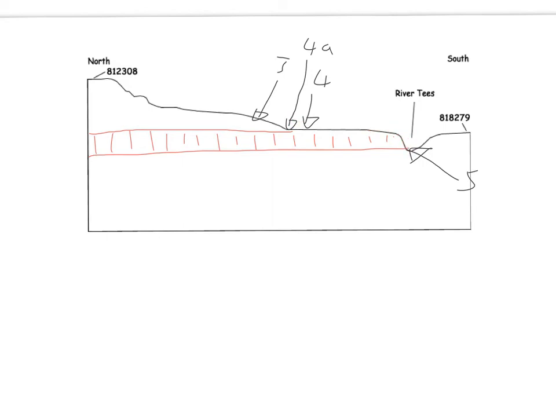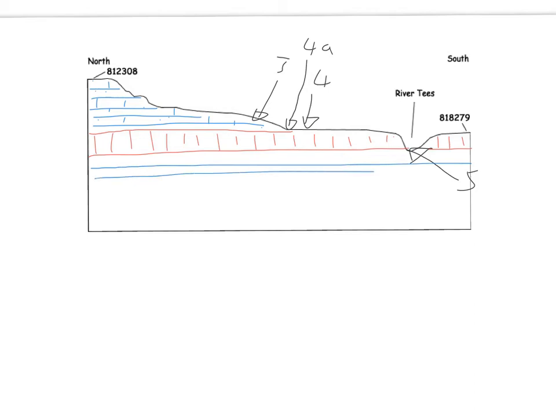The sill would extend across the other side of the Tees, the river's just cut through it. We would have the limestone concordant with the sill. There's all the limestone that we walked off site 1 here, and there's a layer of limestone underneath, because the sill is intruded into the limestone, the Carboniferous limestone, so it must be younger than the Carboniferous limestone.